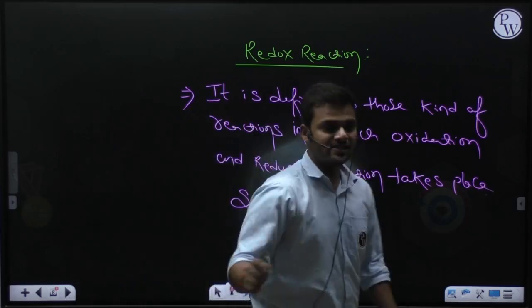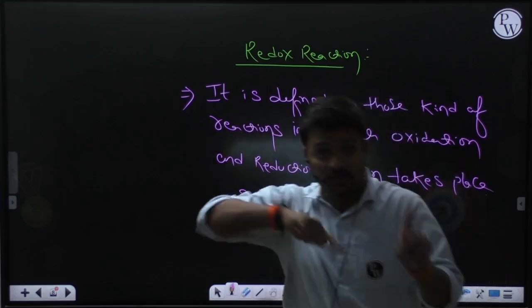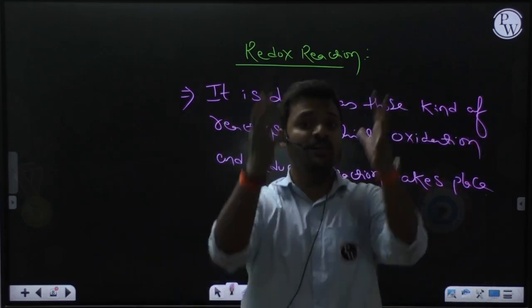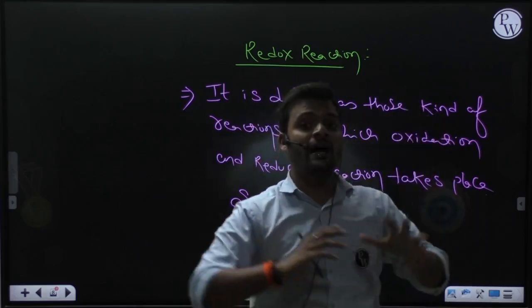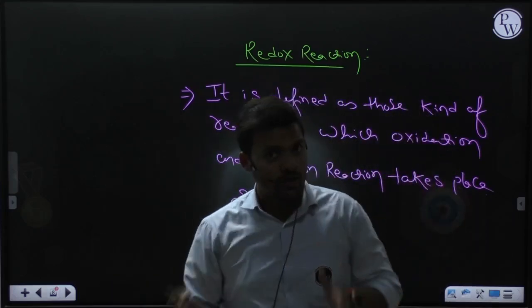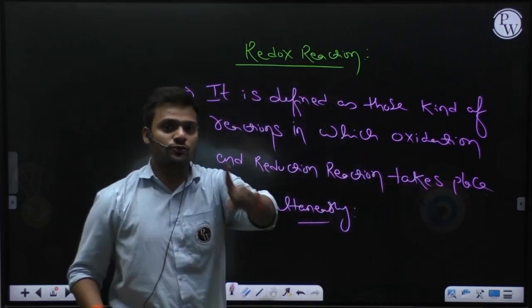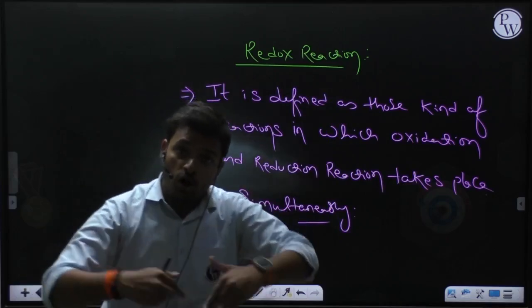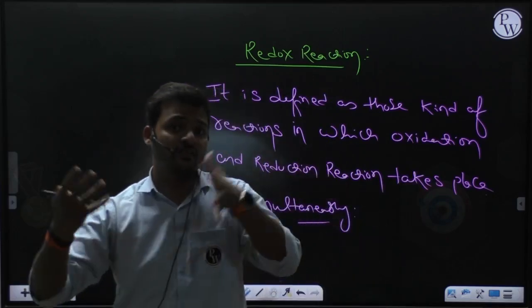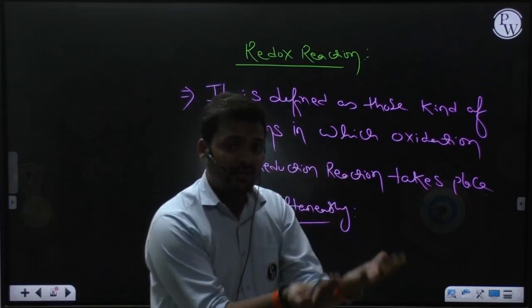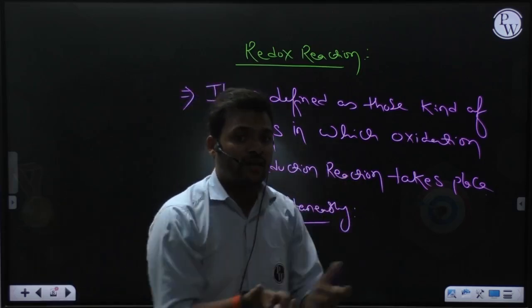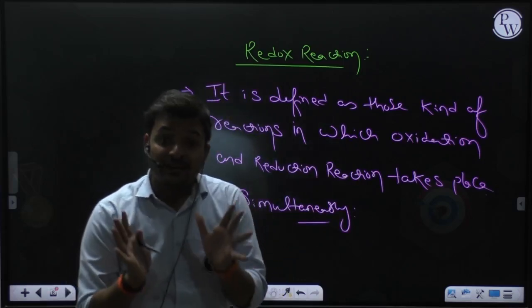Those reactions in which oxidation and reduction reactions take place simultaneously, those particular kind of reactions are what we call redox reactions, right? I'm just repeating it again. Those reactions in which oxidation and reduction reactions take place simultaneously are what we call redox reactions.